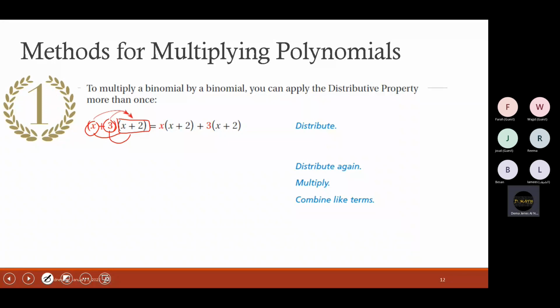So x times x plus 2, plus 3 times x plus 2. I distributed the first term on the second term. Now I will multiply: x times x is x squared, plus x times 2 is 2x, plus 3 times x is 3x, plus 3 times 2, which is 6.